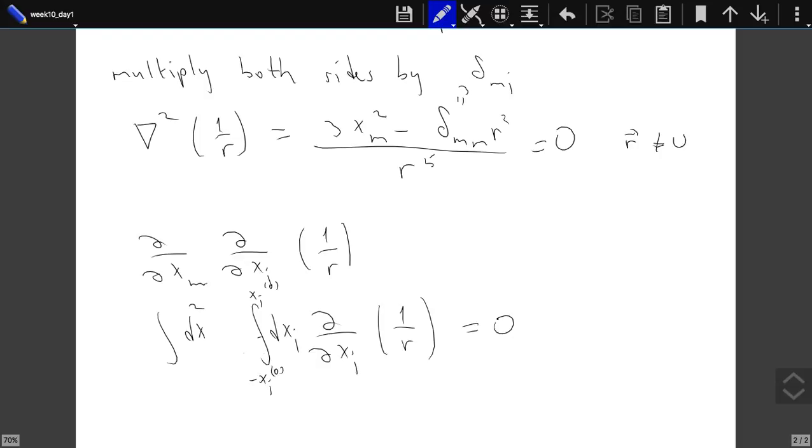But of course, I'm assuming that I can take the xm derivative out of the xj integral. Well, this basically tells me that this is equal to 0 if j is not equal to m. So if j is different than m, there is no Dirac delta.